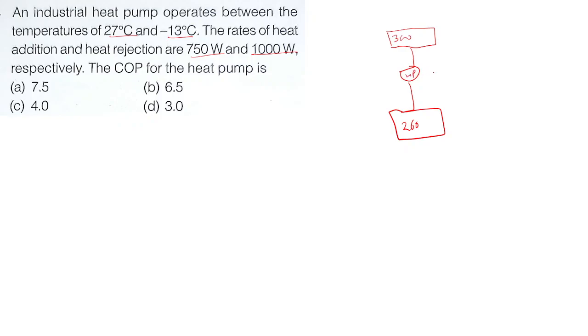This is a heat pump; some work input would be there. It is 750. It is 1000. So what would be the answer for this? Option D. Someone got 3.